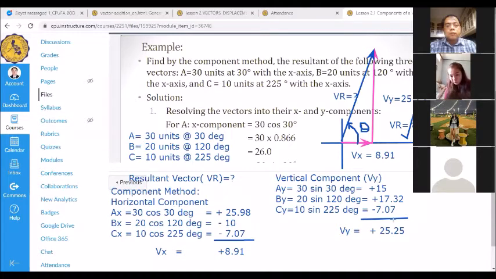How much is our value? 26.77, sir. 26 point... 26.76. Okay, then that's in kilometers per hour. Again, the thing that I missed here is the squared value. So it should be squared.